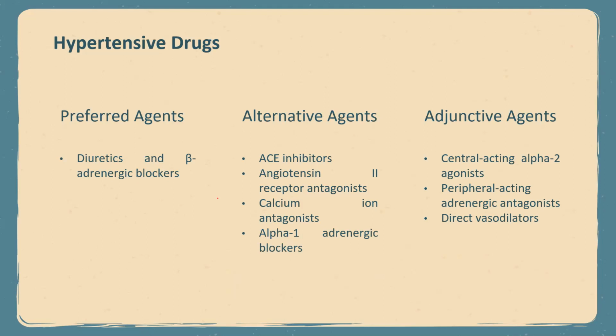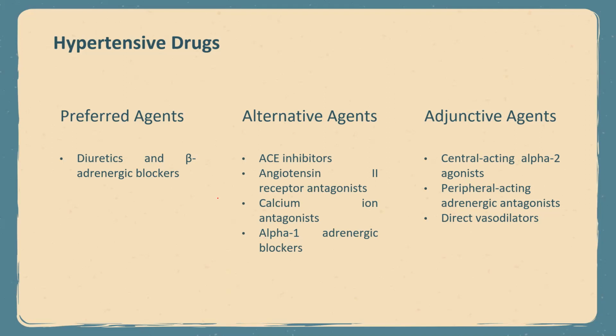For alternative agents, we have your ACE inhibitors, the angiotensin 2 receptor antagonist, the calcium ion antagonist, and the alpha 1 adrenergic blocker. For adjunctive drugs, this includes the central acting alpha 2 agonist, the peripheral acting adrenergic antagonist, and the direct vasodilators.